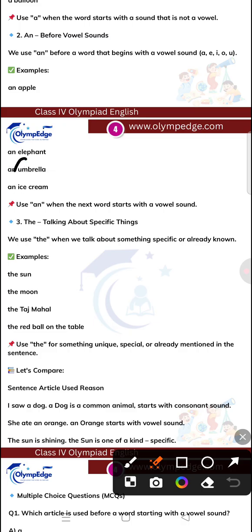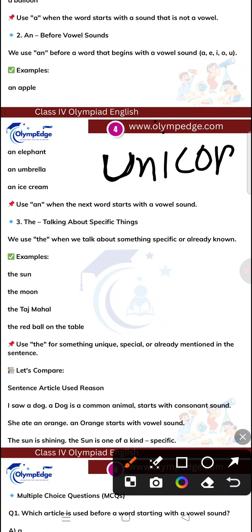So we have a rule here. Whenever a word is starting with U and the pronunciation is also starting with U, then we don't write an, we write A. For example, unicorn.